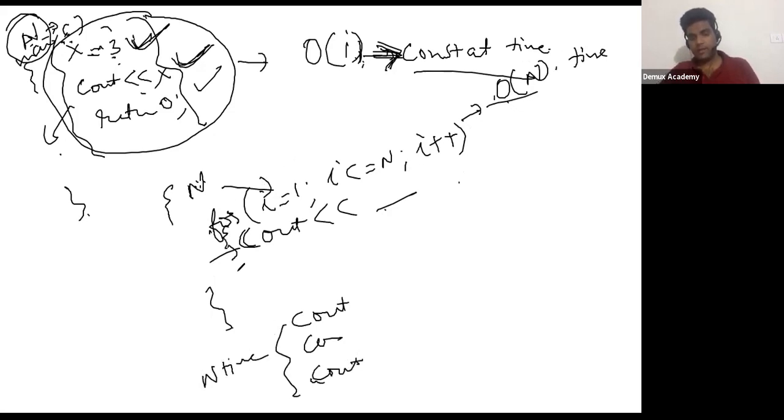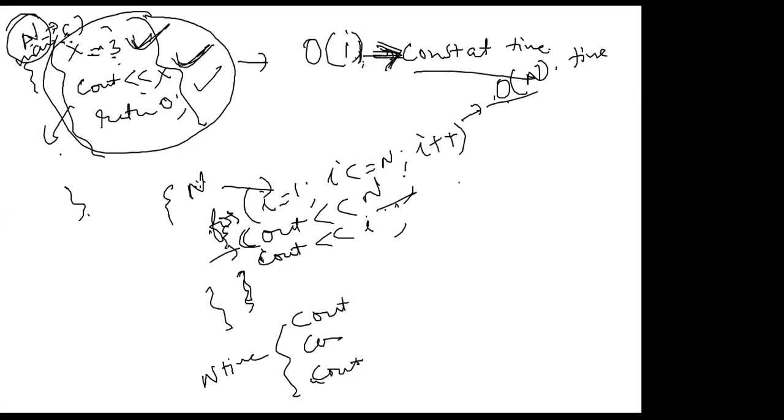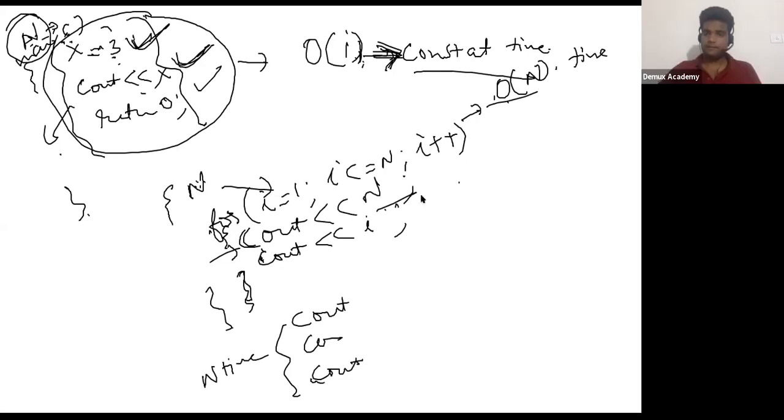In the for loop, let's say if I have 2 couts, let's say I'm printing i also along with n. So then what is the complexity of this program? Two n. Yeah, 2n roughly.